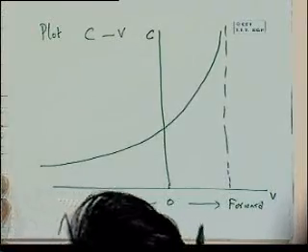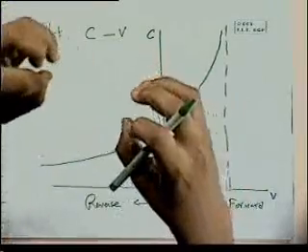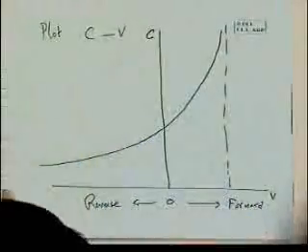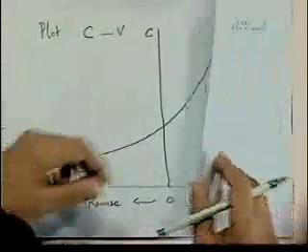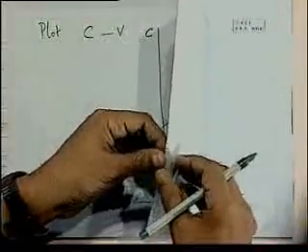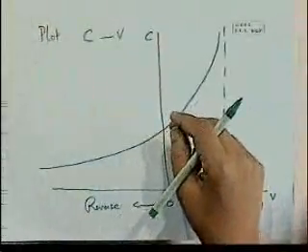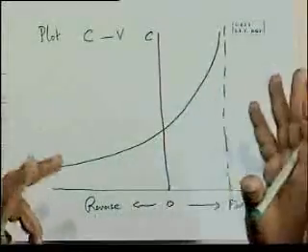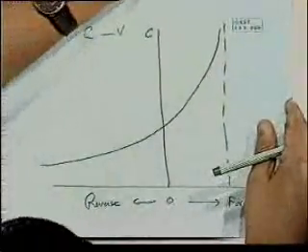As we increase the reverse bias, the effect is really to cause the charges to be farther apart, the field that is there, and so we get a decrease in the capacitance. This is a useful plot. We are able to actually measure these kinds of things for a PN junction, measure the capacitance versus voltage behavior, and from that we can extract useful information.